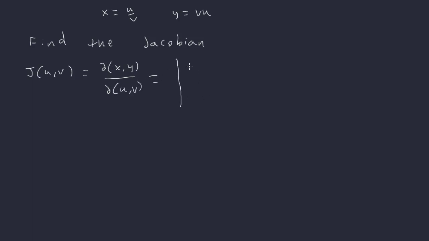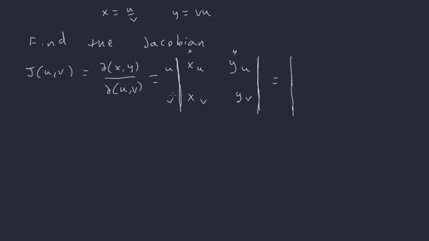It's going to be x sub u, actually, I could do it this way. x sub u, y sub u, just to show that it doesn't really matter what order we go in. Then x sub v, y sub v. So here we instead did an x column, a y column, a u row, and a v row. And again, doesn't matter. That's why we incorporate the absolute value.